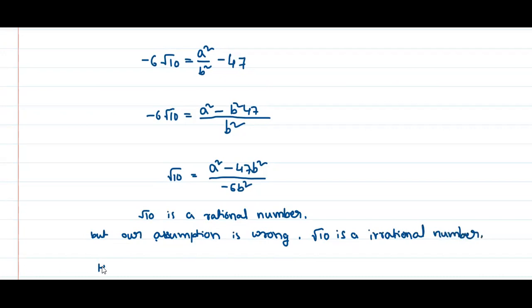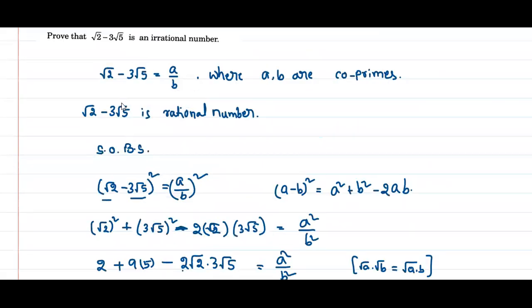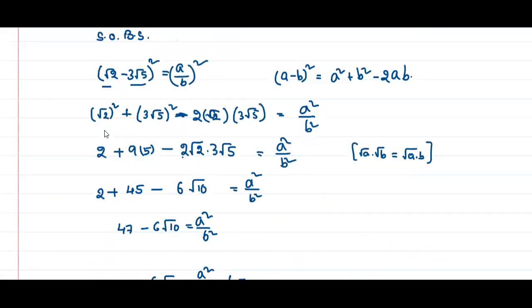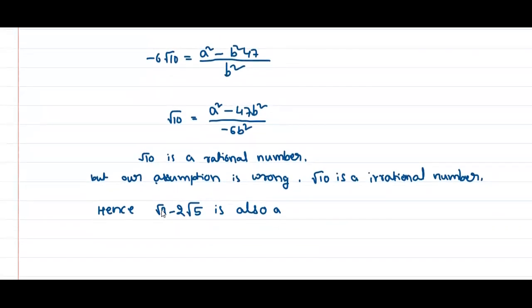Hence root 2 minus 3 root 5 is also an irrational number.